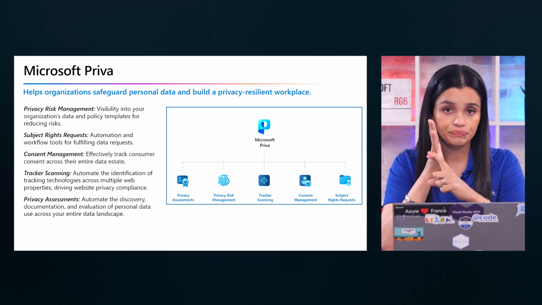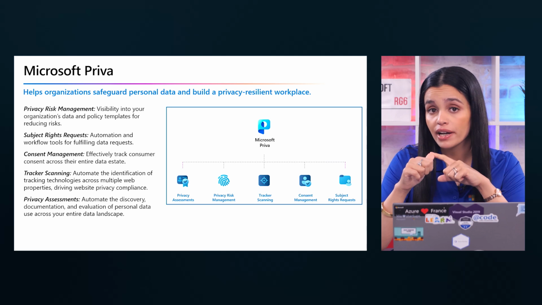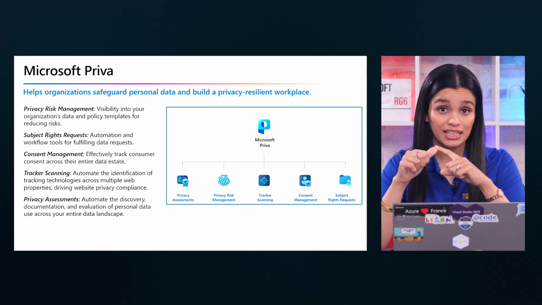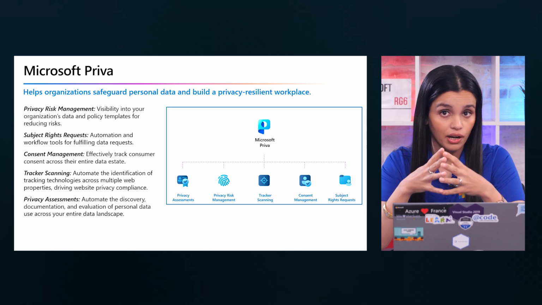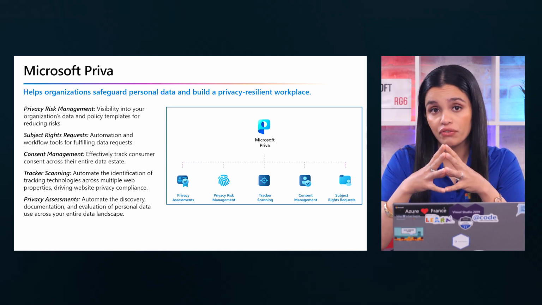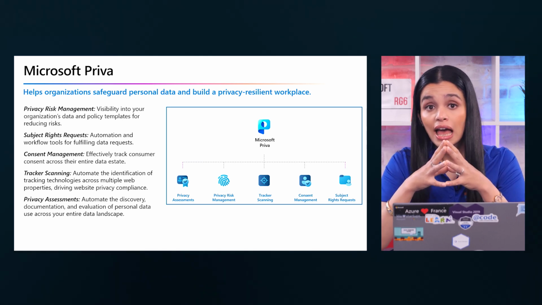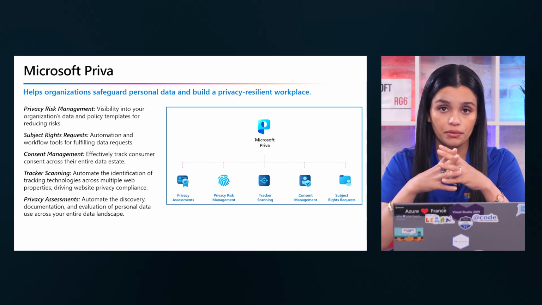Tracker Scanning. Microsoft Priva Privacy Risk Management gives you the capability to set up policies that identify privacy risks in your Microsoft 365 environment and enable easy remediation.